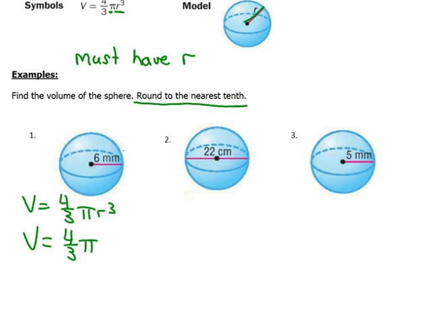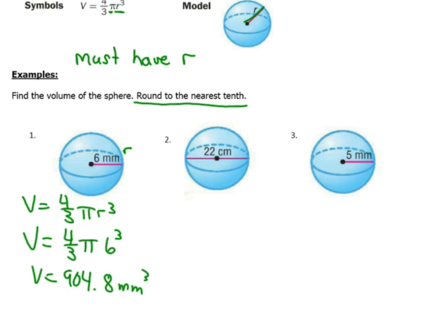My radius is 6. So 4/3 times pi times 6 cubed. I'm going to put that into my calculator, and it gives me 904.8 millimeters cubed.